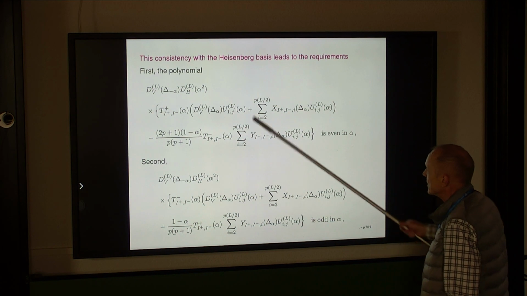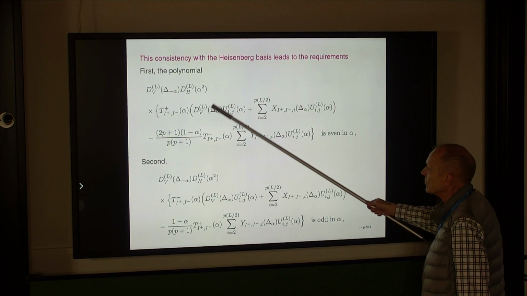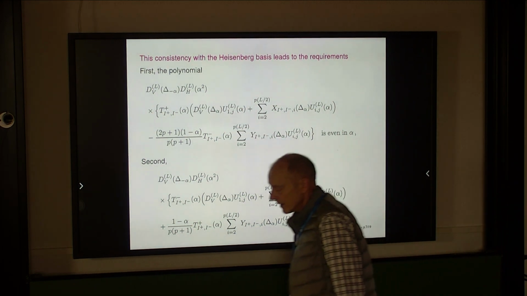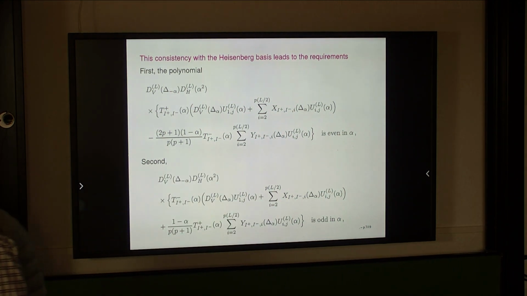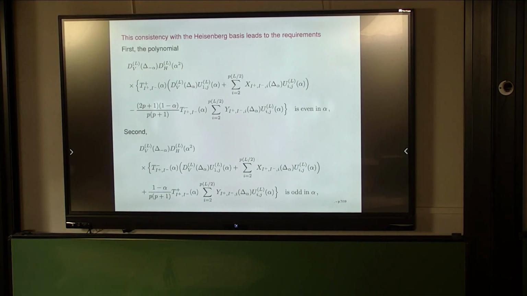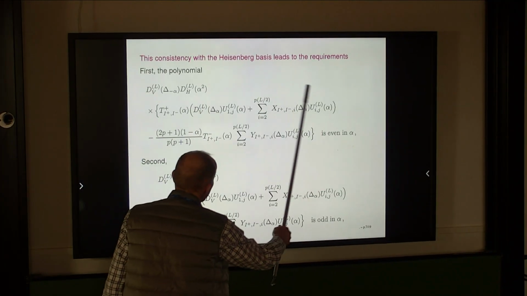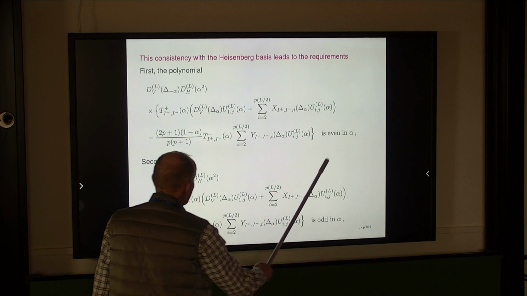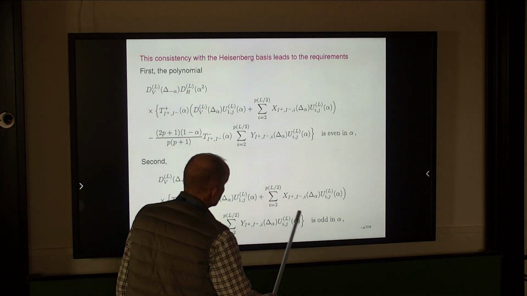So the fact that starting from Virasoro, we get symmetric under alpha to minus alpha Heisenberg operators is equivalent to these two requirements. That this ugly thing is even in alpha, and this is less ugly.